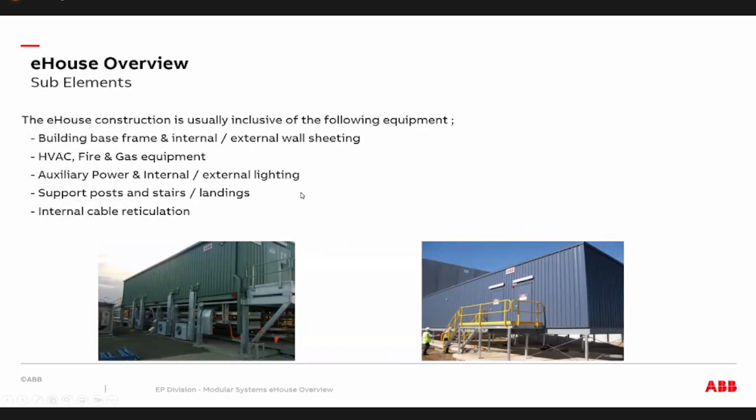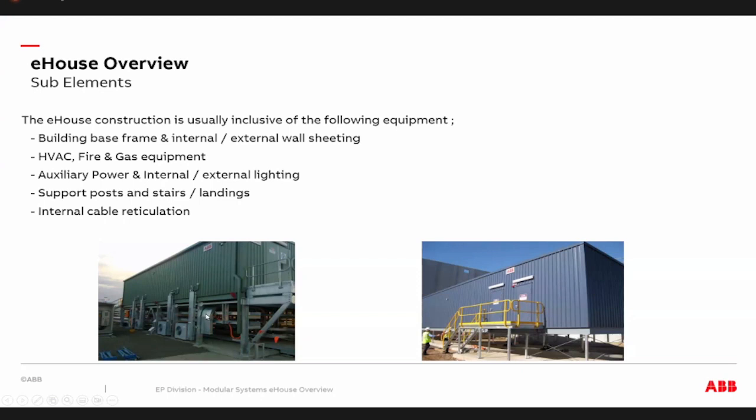Okay. So ano ba yung mga sub-elements ng e-house for an overview, no? So yung mga typical e-house will actually consist of course, yung mga building-based frame natin, no? And internal and external wall sheeting. So yung mga pader natin, hindi na siya brick walls, but it's actually wall sheeting lang, no? So we have the, of course, yung ACMV natin and fire and gas equipment natin. And then, of course, especially sa mga mas malalaking area, we will be having auxiliary power for internal and external lightings.